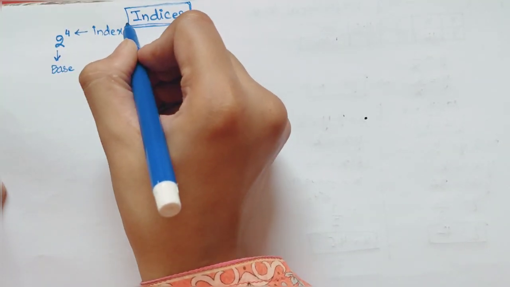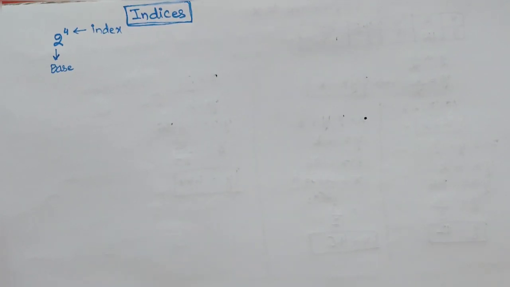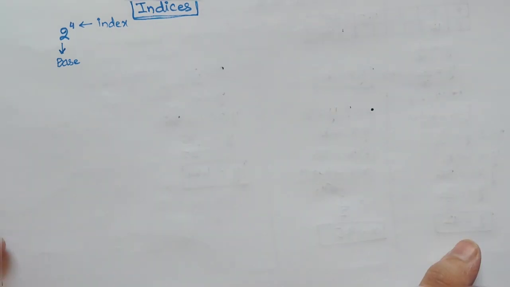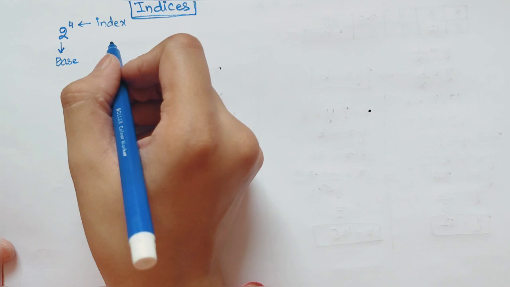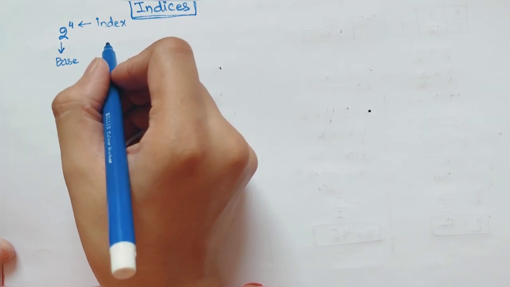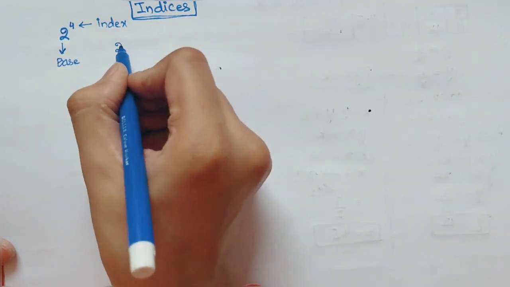Okay, let's start. You first have to know the laws of indices. Before moving towards the laws, I would like to write what 2 power 4 means.